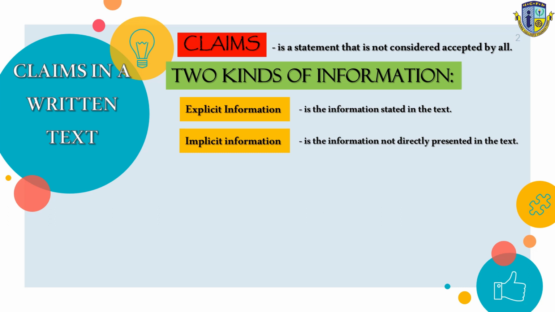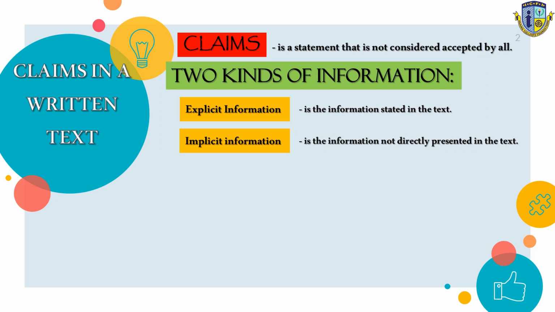Critical reading enables you to distinguish the explicit and implicit information provided by the author. Explicit information is information that is clearly stated in the text, while implicit, on the other hand, are ideas suggested in the text but not directly stated. This is where the ability to make inferences based on clues within the text is applied.